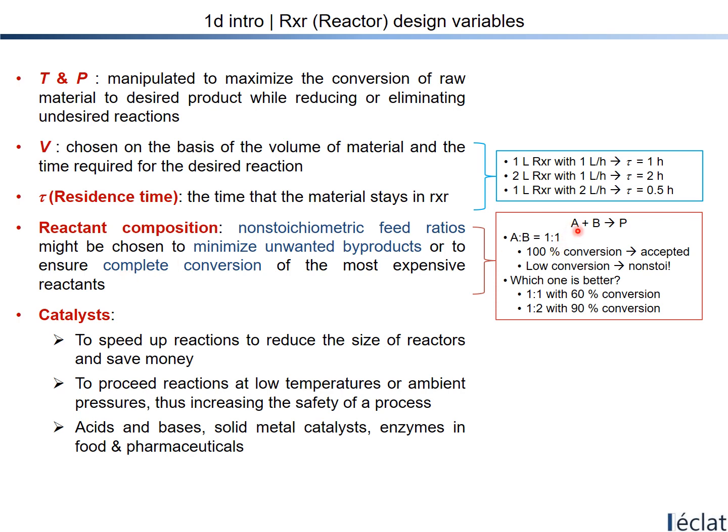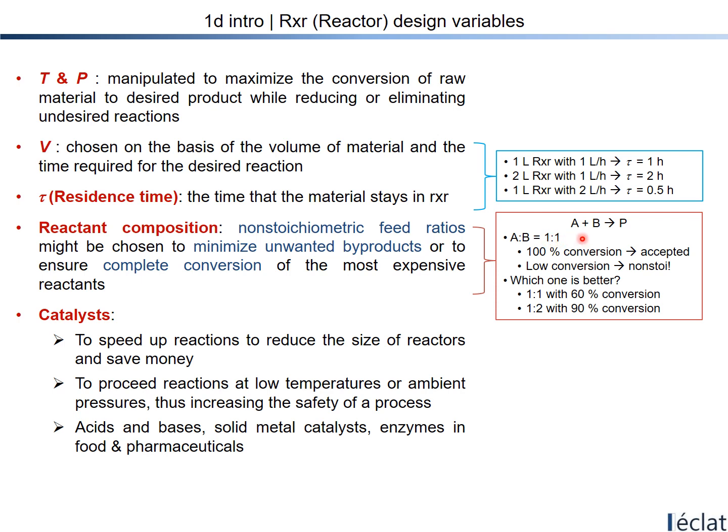We have the chemical reaction equation here, A plus B as reactants, which go to P as product. Your first choice would be the stoichiometric feed ratio. So in this case, A to B is equal to 1 to 1 as the feed ratio.